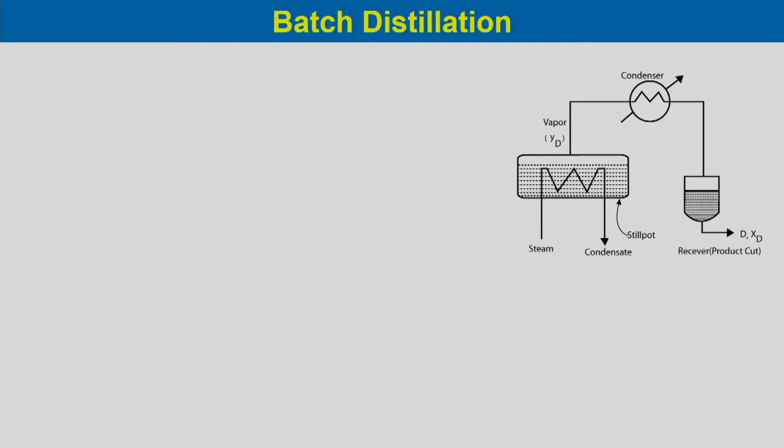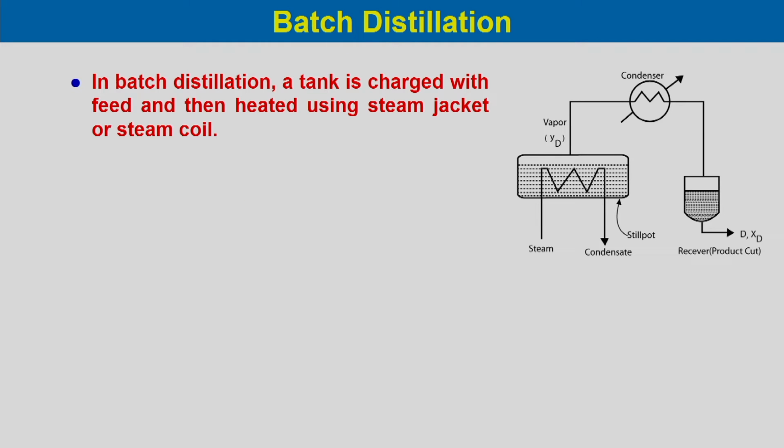So, batch distillation. Basically, in a batch distillation a tank is charged with feed and then heated using a steam jacket or steam coil. You can see over here, this is the tank which is charged with the feed, and then it is closed, and then the steam goes to the jacket or coil to heat the feed in this tank.